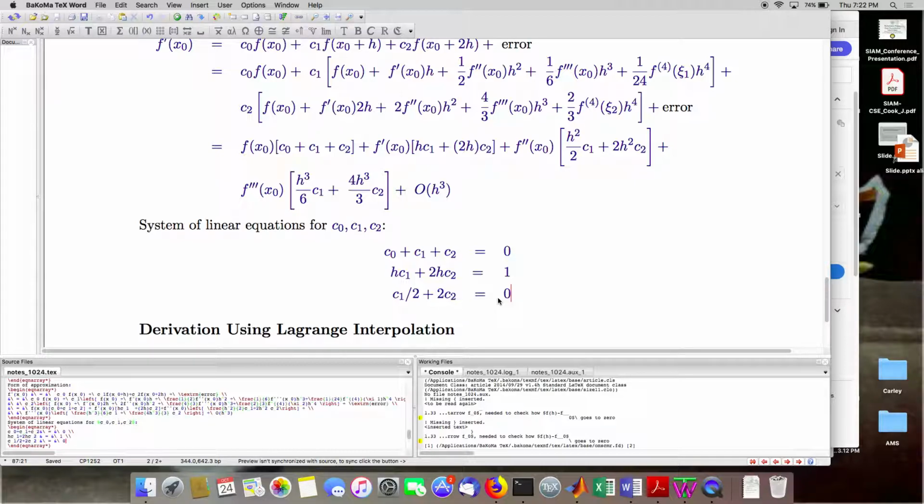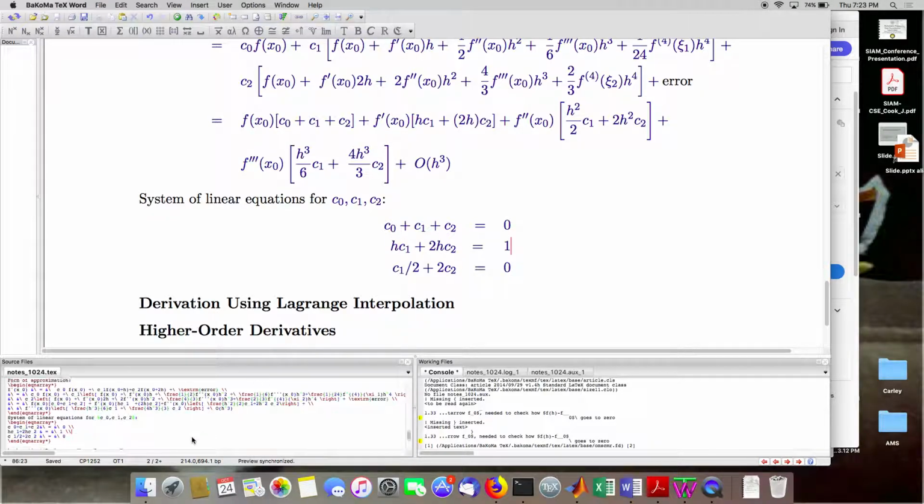So really what I can do is ignore c0 for the time being. I have two equations for c1 and c2, so I can solve those, and then substitute them back in here, knowing that all the coefficients must sum to 0, and get c0.